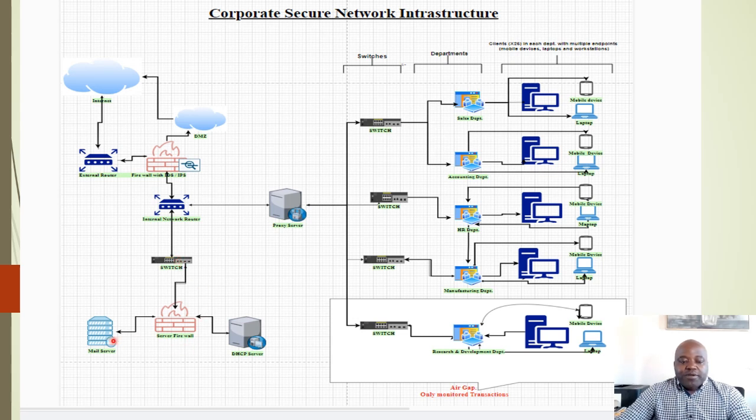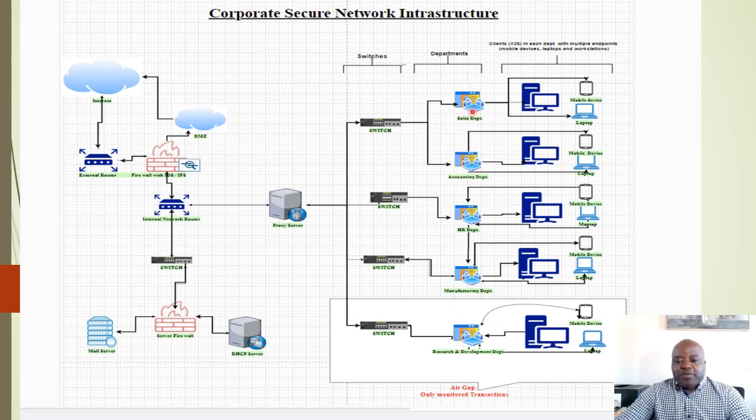Even between the mail server and the DHCP server, we still have another firewall that helps to filter the traffic as it goes through. On this other side, we have the internal network, which is not exposed to the public internet. This internal network is made up of 5 departments.